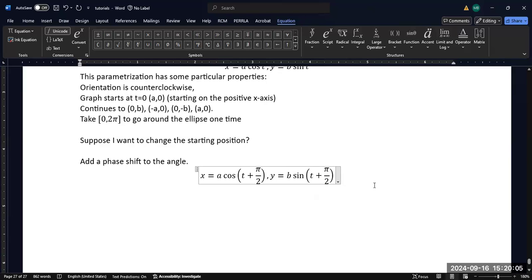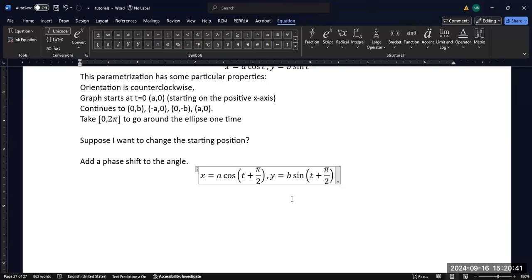And if in doubt, you can double check by plugging in the value 0 and seeing what coordinates you get. This cosine of pi over 2 will get you 0, so your first component is 0. Plugging this in will get you sine of pi over 2, which is 1. So that'll get you b, that'll get you (0, b). So that's the positive y-axis. And by just adding this phase shift, you are still going counterclockwise, and you are still circling the entire thing in an interval of 0 to 2 pi in t.